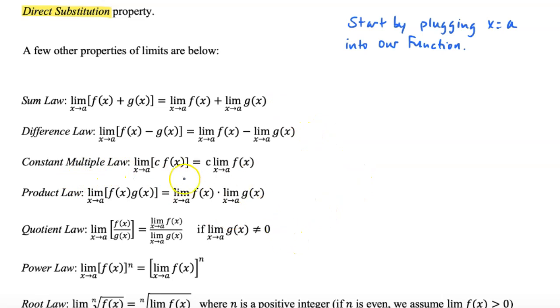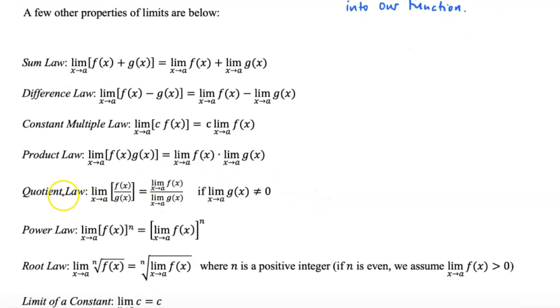The constant multiple law basically tells us that if we have a constant times a function, well, we can pull that constant out to the front of our limit. We've got the product law that tells us that the limit of a product of two functions is the product of those limits. We've got the quotient law.